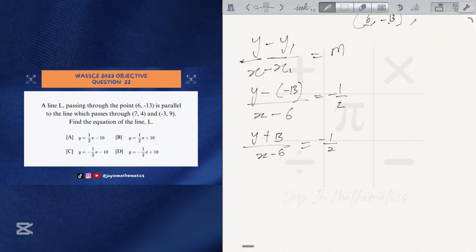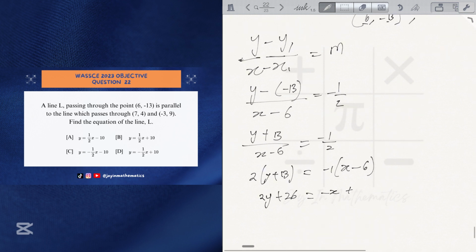So we cross multiply, and we will have 2 into (y plus 13), and we'll have minus 1 into (x minus 6). So if we multiply the bracket, we'll have 2y plus 26 is equal to minus x plus 6.